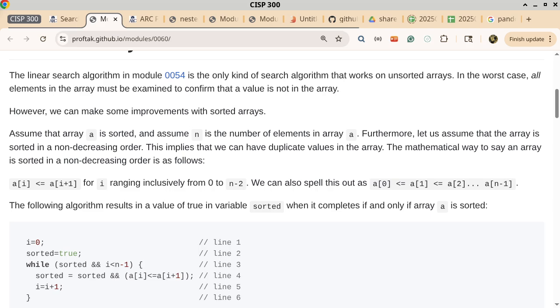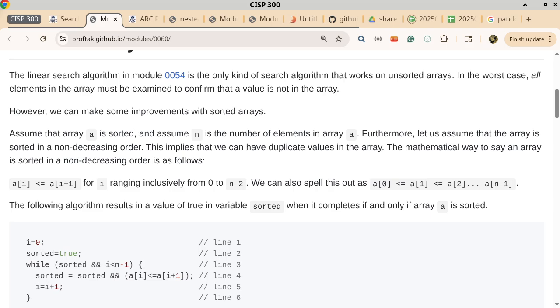It means it can be 0, 0, 1, 1, 2, 2, 3, 4, 5, 6, 1,000. That is non-decreasing because they can still be the same. If it is decreasing, that would be 5, 4, 3, 2, 1. But 5, 5, 4, 4, 3, 2, 1 is not decreasing, because two items can have the same value.